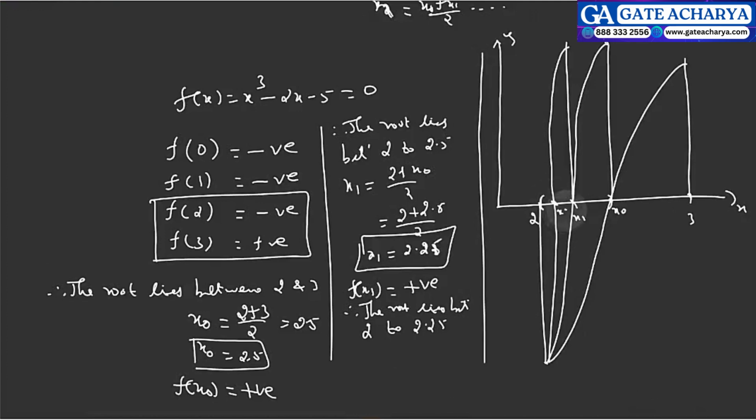This point is some x2. So, what is x2? Now, apply the bisection method. Bisect this interval: 2 plus 2.25 divided by 2, that is equal to 4.25 by 2, that means 2.125.